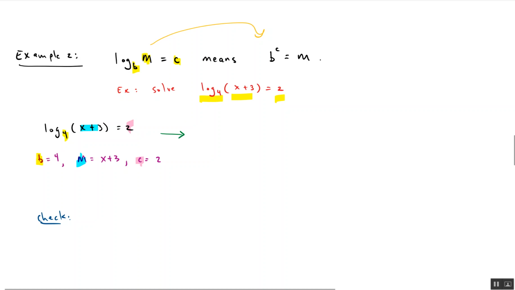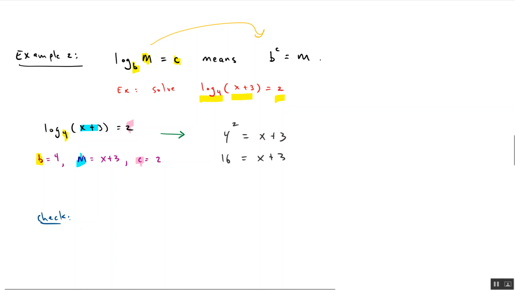And my guess is we're just going to be able to write out the answer. So that's going to be nice. All right, so let's see what we have. So b, which is 4, raised to the c power, which is 2, equals m, which is x plus 3. So 4 squared is 16 equals x plus 3.